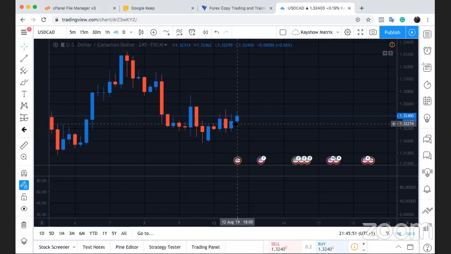So if I count 6 candles back, 1, 2, 3, 4, 5, 6, everything from here to here, these 6 candles, is what made up that one candle in the daily chart. Are we getting it?